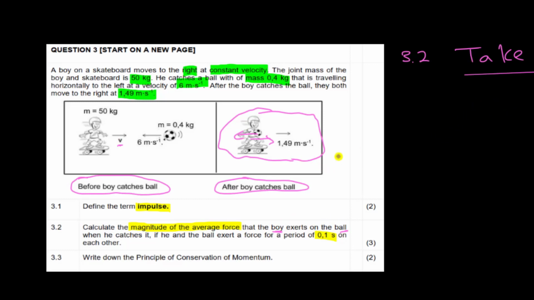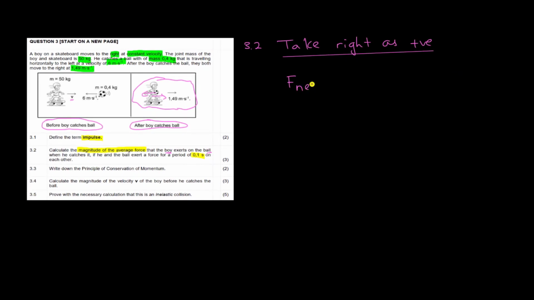So let's try to find the force that the ball exerts on the boy. F net times the delta t is equal to delta p. So F net multiplied by 0.1 equals mass multiplied by the final velocity minus the initial velocity.